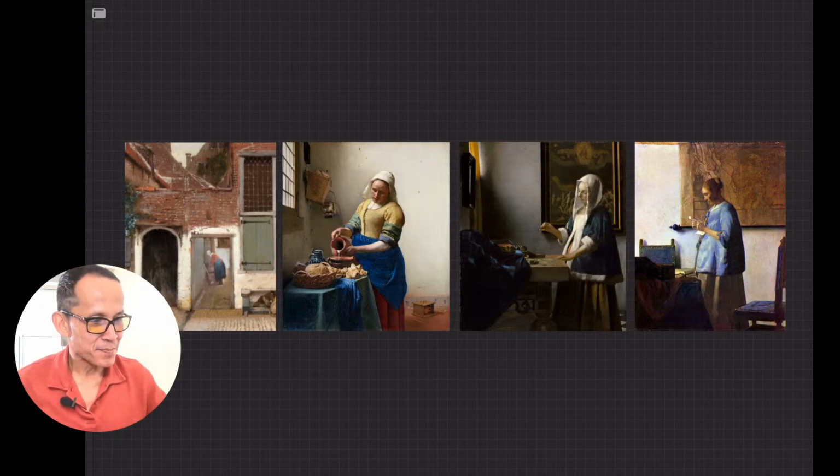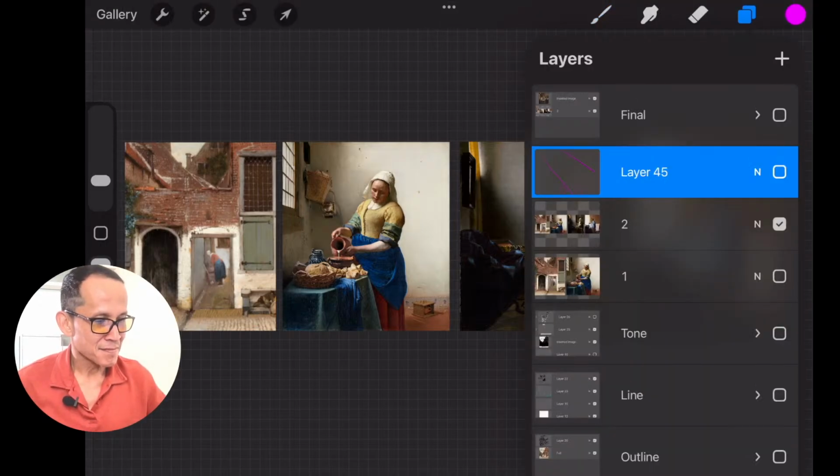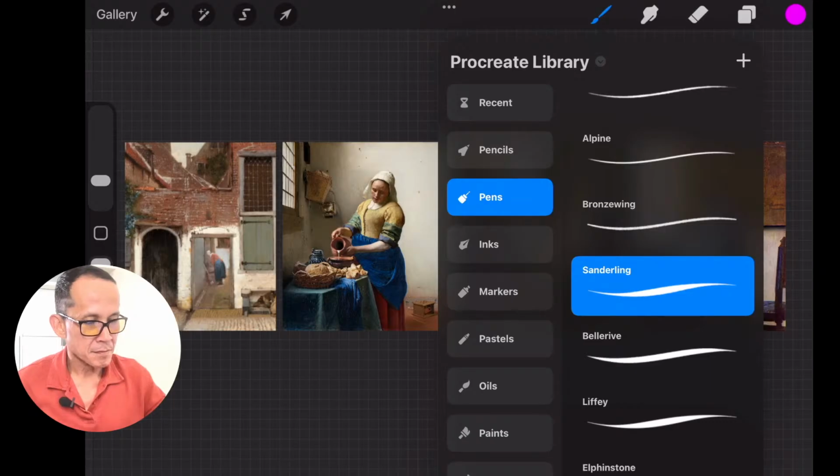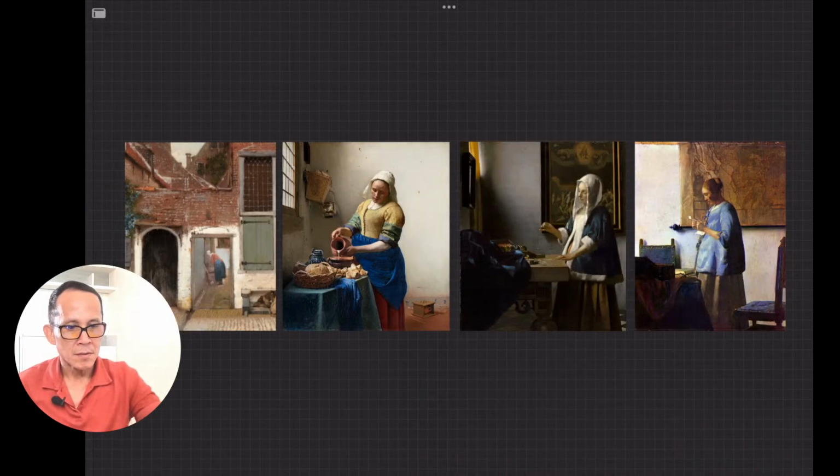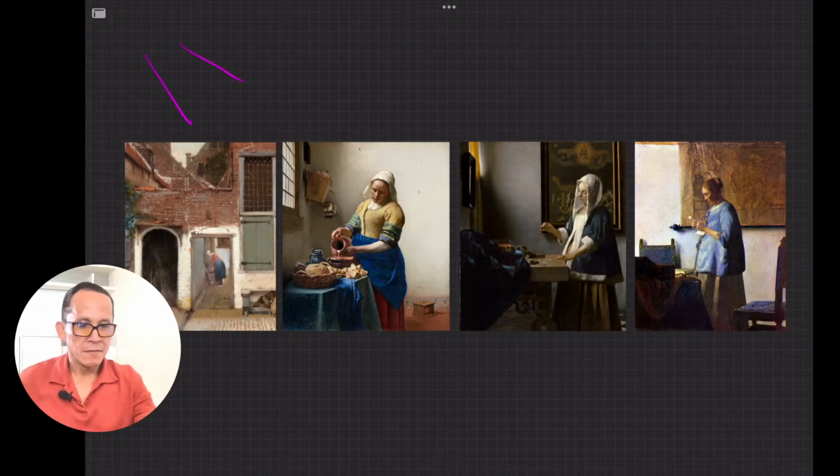This painting. So, light from above, illuminating a woman, 1657, Little Street. 1658, The Milkmaid, arguably his second most famous painting.